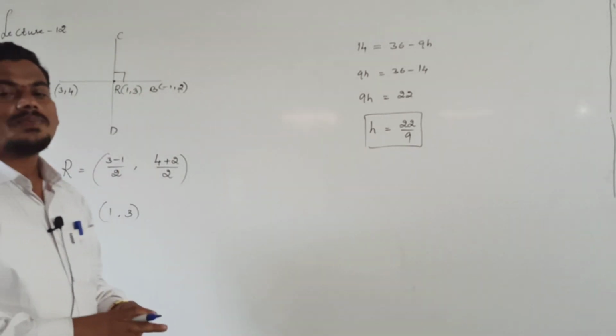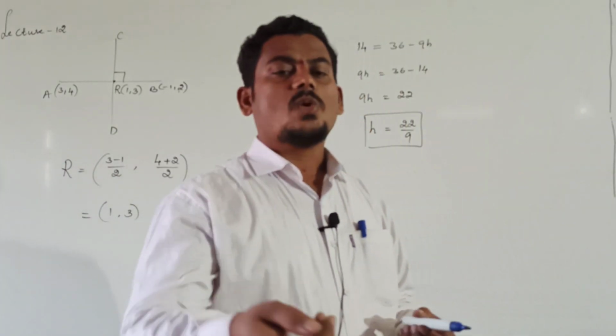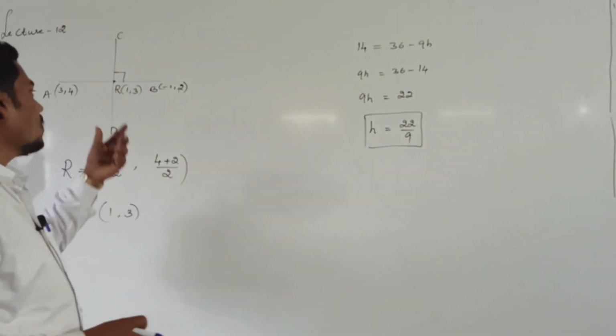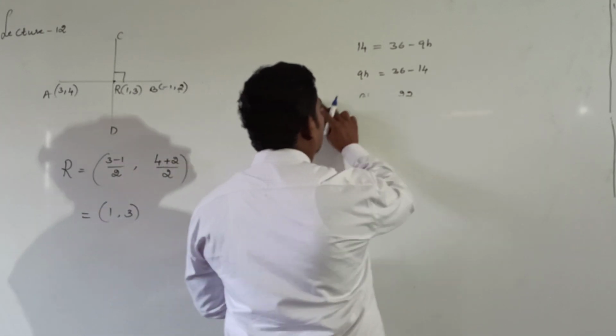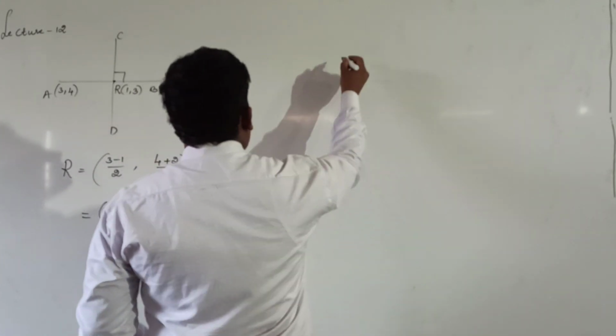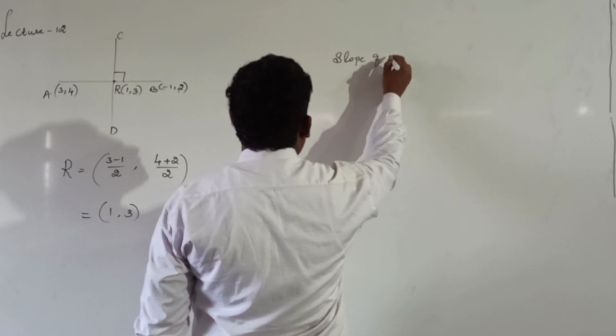Then what is the slope of the CD line? Just use the slope of the AB line, then write the slope of CD, because right bisector means perpendicular. Tell me the slope of AB.